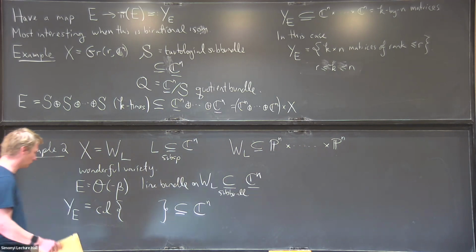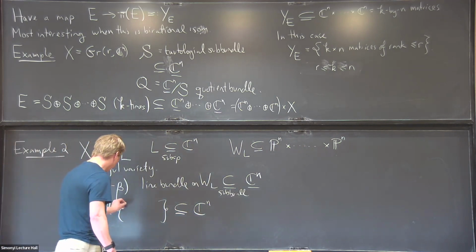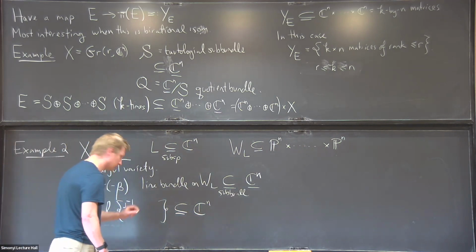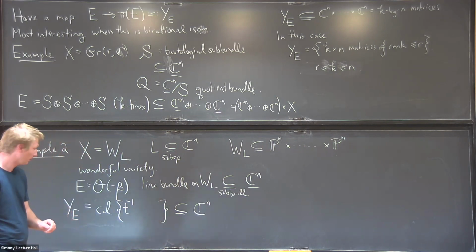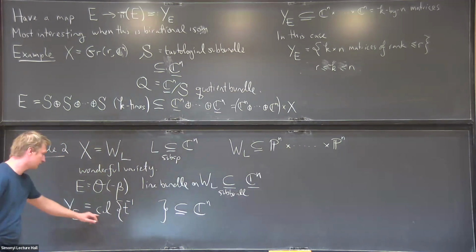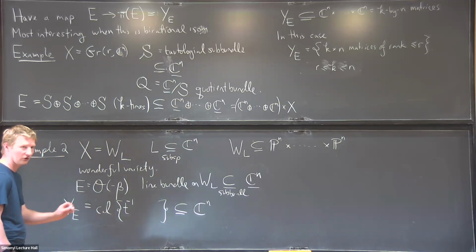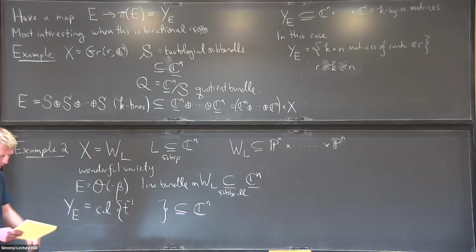Okay, so what is this thing? Why E equals, so this is the closure, Zariski closure. Now I have to fill in the blank here.